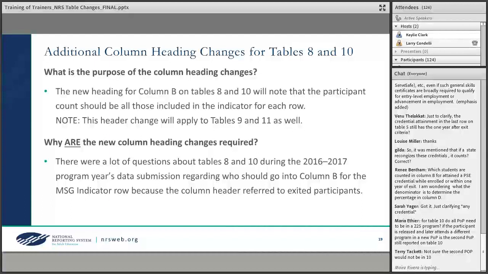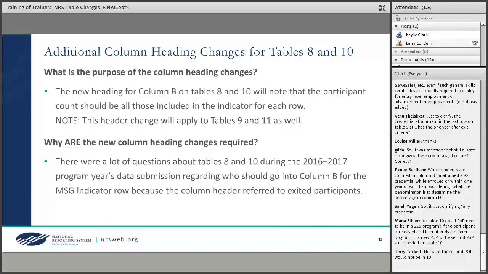They should then not be reported on Table 10. They're reported on the other tables anyway. All students in correctional education are included in Tables 1, 2, 3, 4, and they're also included in Table 5. Table 10 is just a subset of those tables, but we don't want to include people who are not in correctional education.